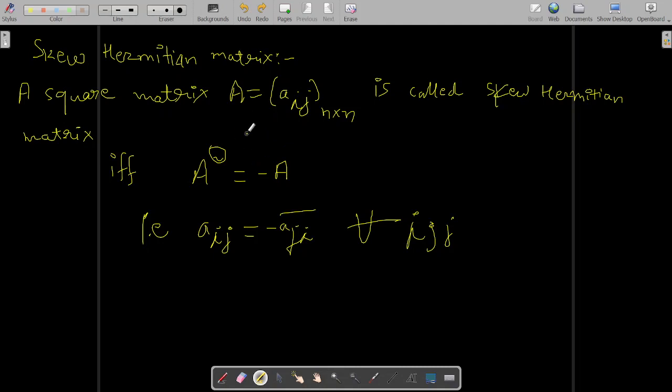Now let us write the properties of skew Hermitian matrix.